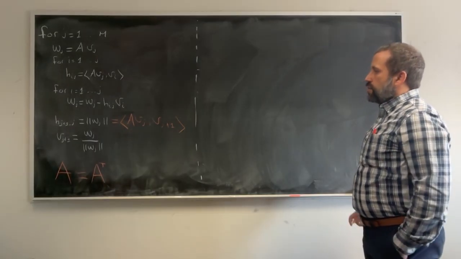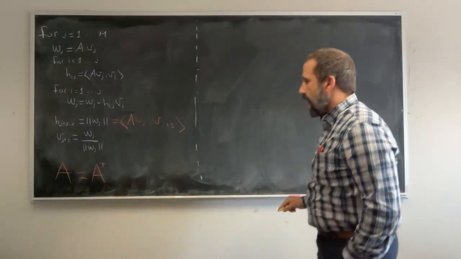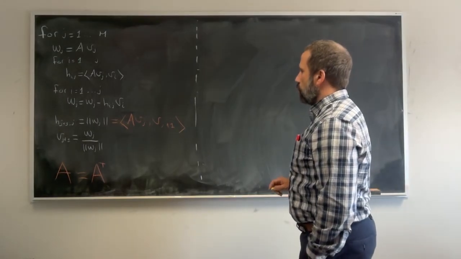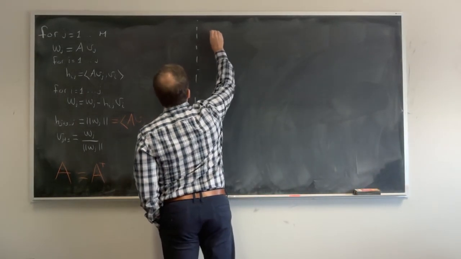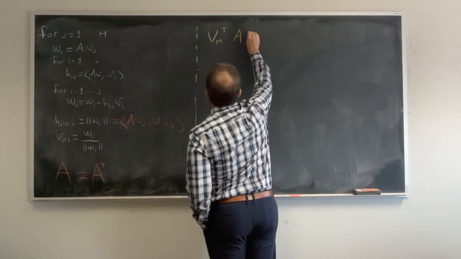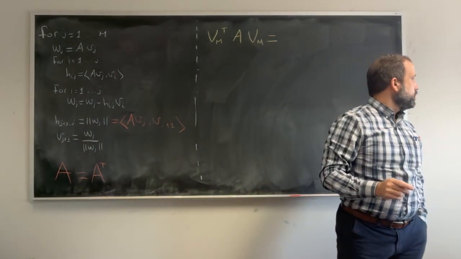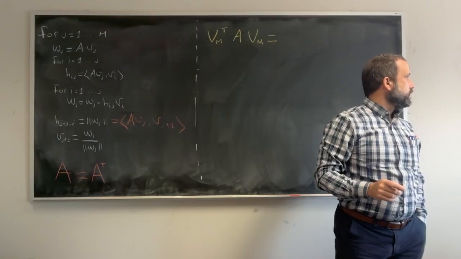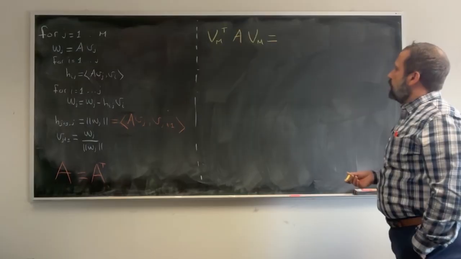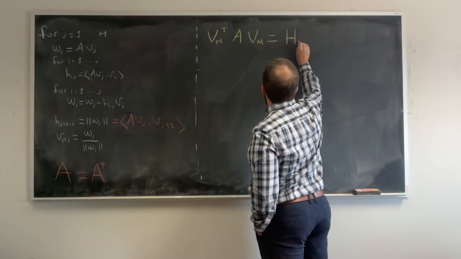Okay, so now we're going to see the implications of A being symmetric. In other words, what happens when A is equal to A transpose. So the first thing that we're going to do is remember that we have this Arnoldi relationship, Vm transpose A Vm is equal to Hm.